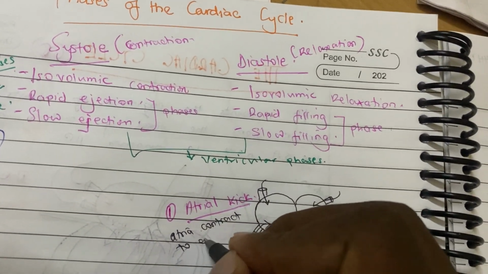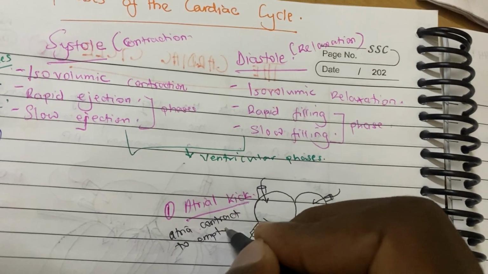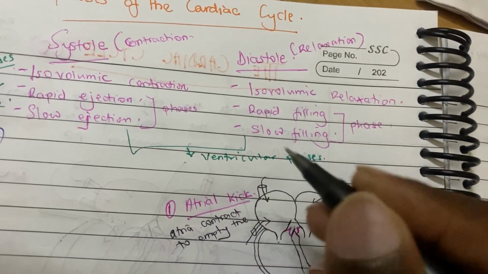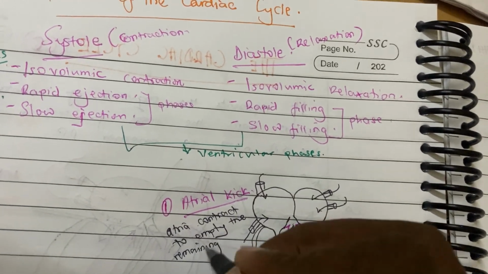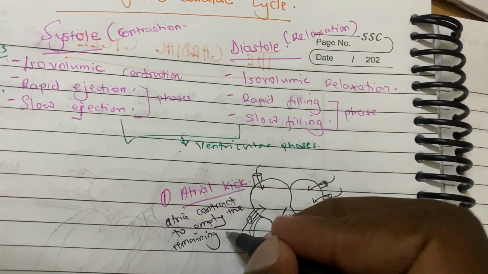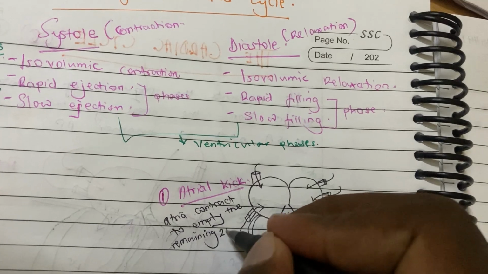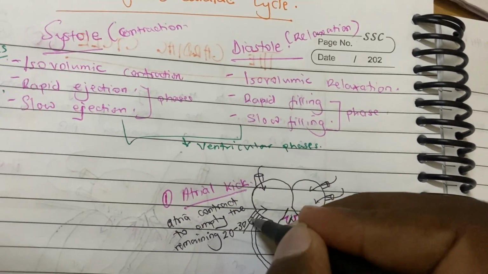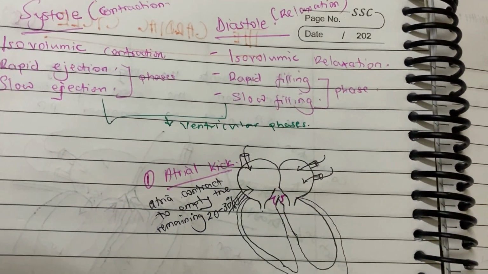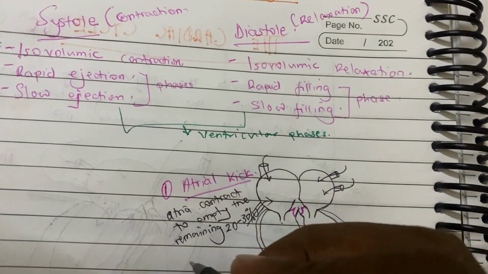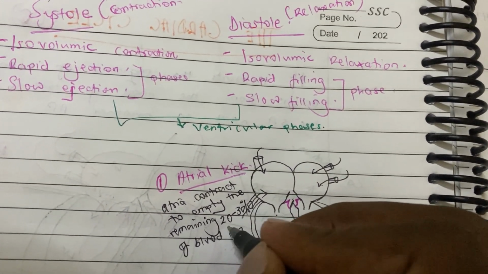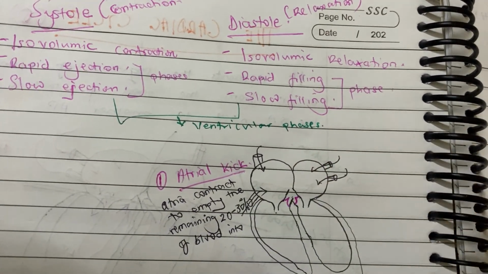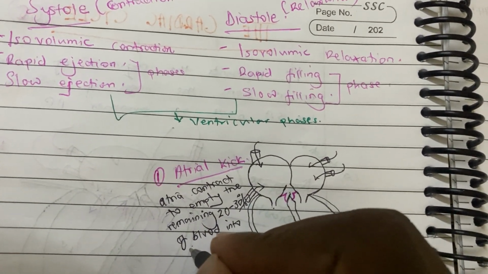To empty the remaining 20 to 30% of blood into the ventricles.